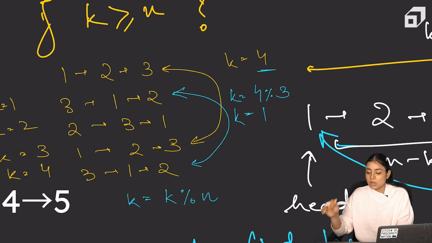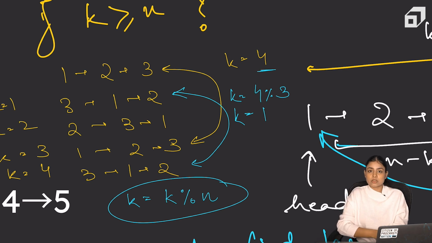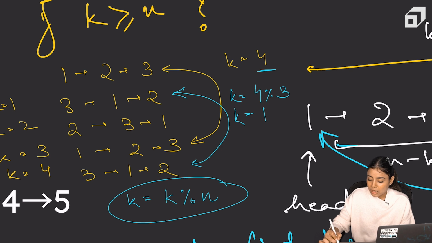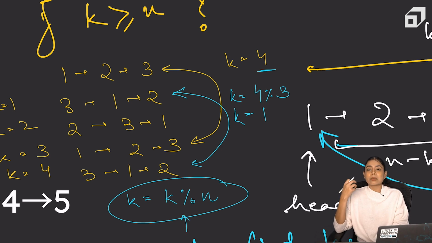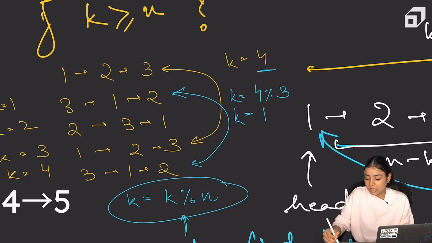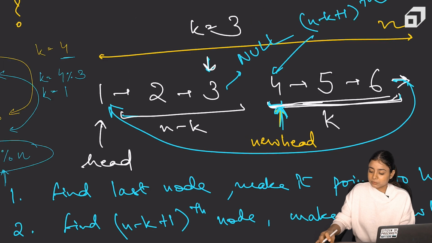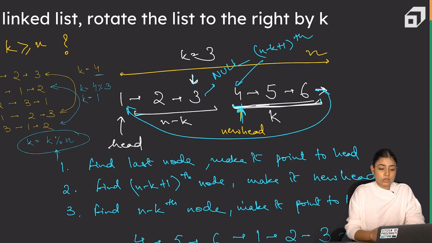While solving, we'll take care of this. We'll find the actual number of rotations by using this formula, k equals k modulo n. Modulo gives us the remainder when k is divided by n. And if after this k comes out to be 0, then it requires no rotations. So that would be the solution of this question.